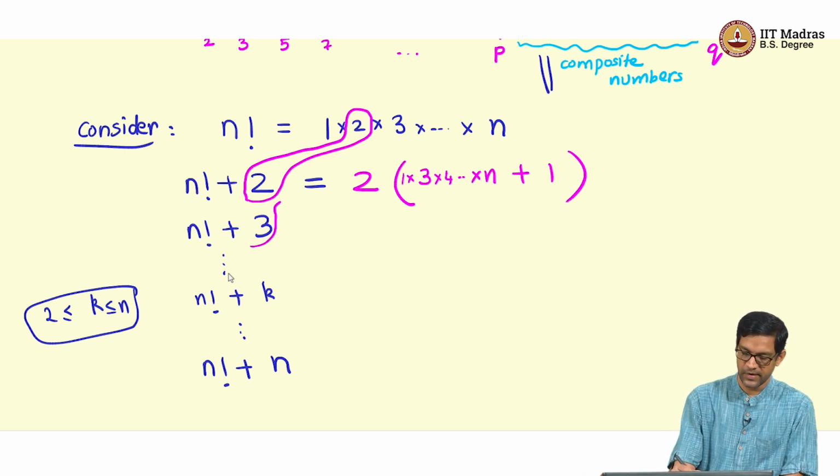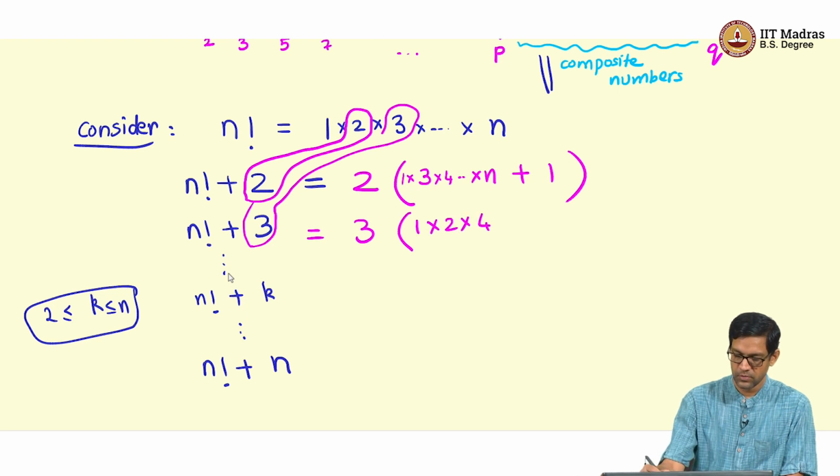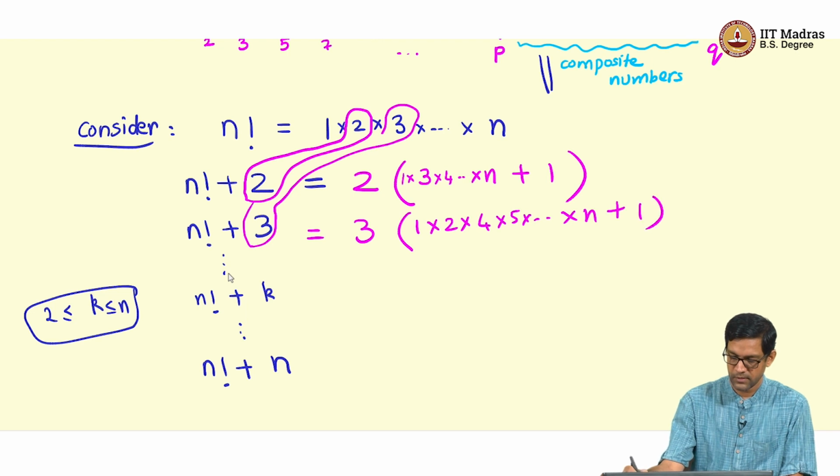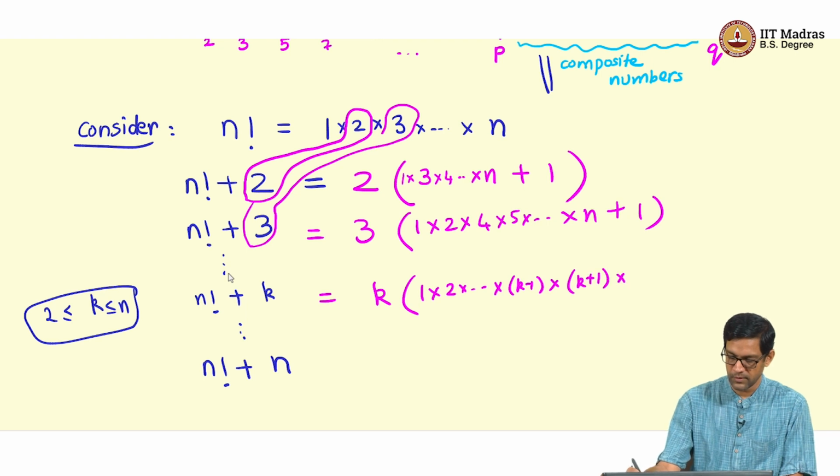Likewise, the number n factorial plus 3, the 3 and the n factorial have a common factor of 3. So I will pull that out, think of it as 3 times 1, 2 and then 4, 5, 6 till n plus 1. Now we keep doing the same thing. If k is a number between 1 and n, this is just the product of all numbers till k minus 1 and k plus 1.